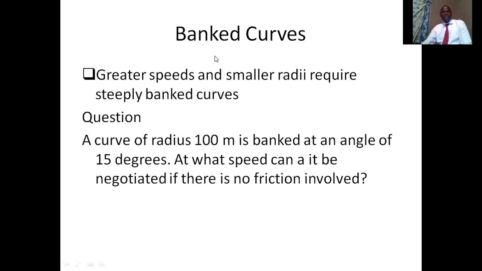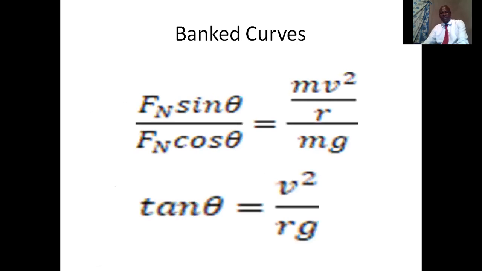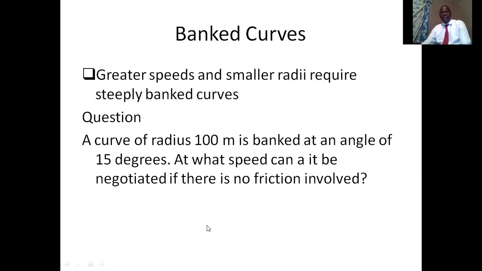So we can say that greater speeds and smaller radii require steep banked curves. It means that if the speed is very high here, we require an angle which is large, therefore it will be steeper. Or if the radius is very small, equally we require a very steep banked curve.